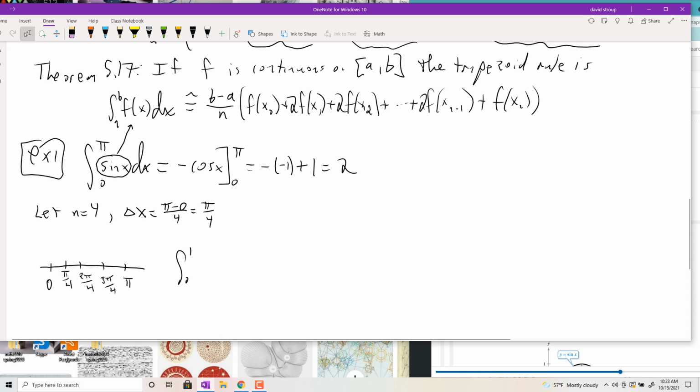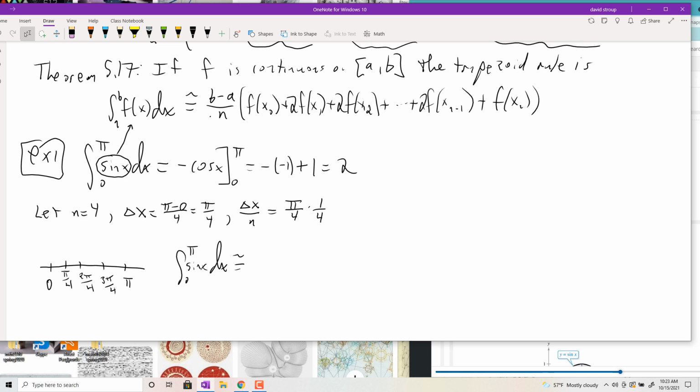So the integral from 0 to pi of sine x dx is approximately equal to b minus a over n, that's going to be change in x over n, which in this case is pi over 4 times 1 over 4.